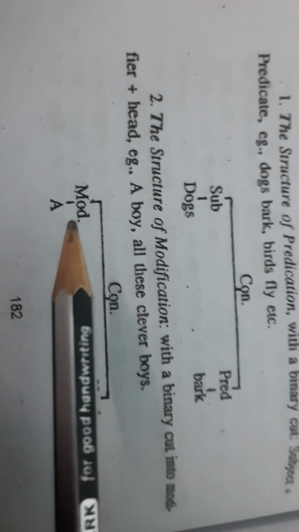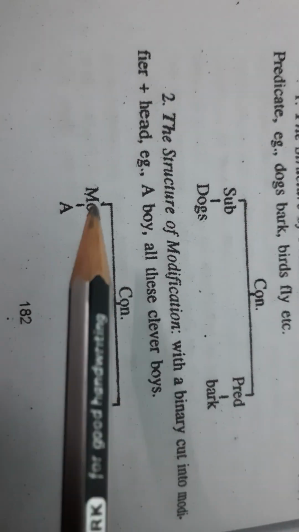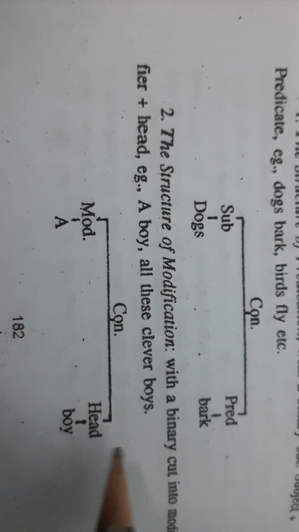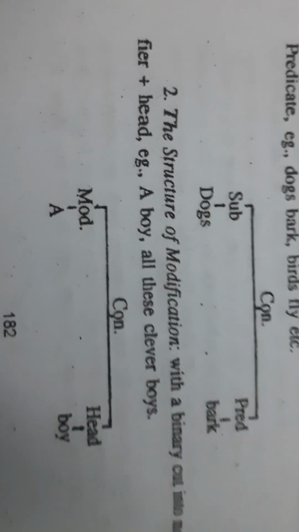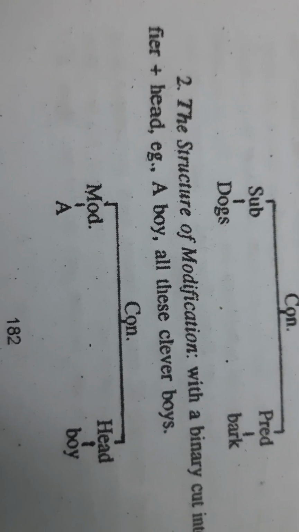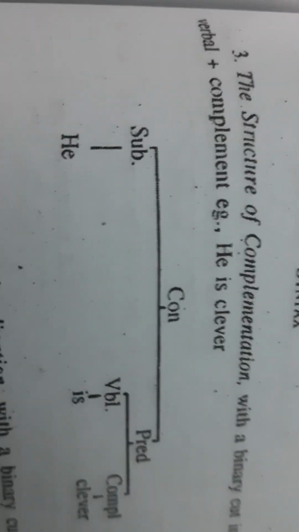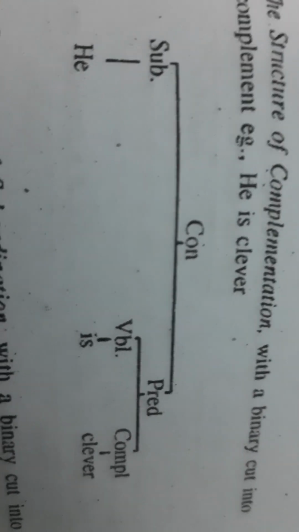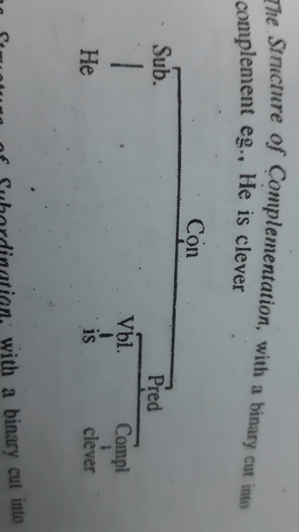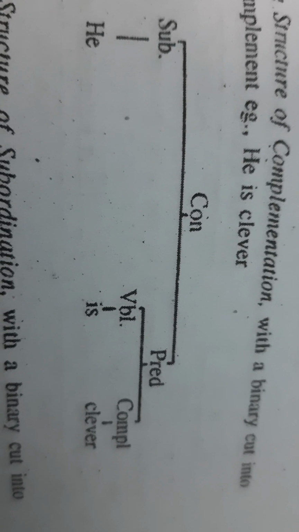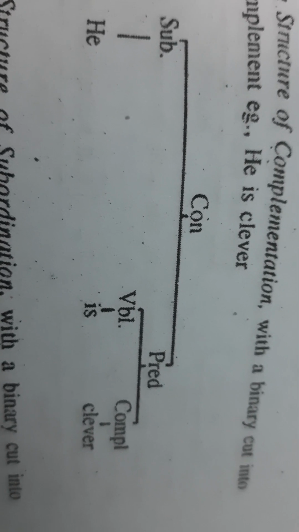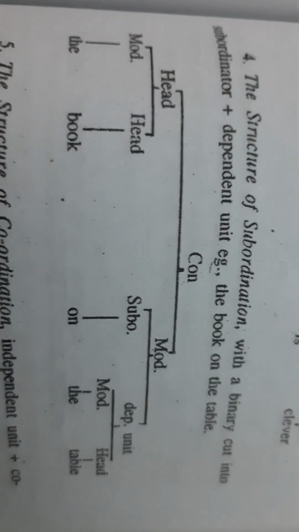Then in a boy, a is modifier and boy is head. So these are different types of labeling. The next one is the structure of complementation. In the sentence he is clever, he is subject, is is verb, and clever is complement. So these are all examples of how to label.